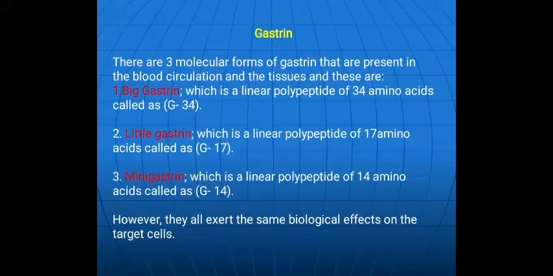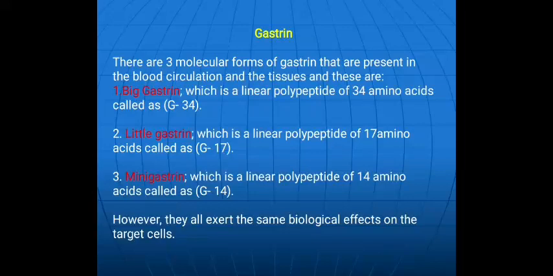هناك 3 أنواع من الجاسترين وهي موجودة في الدورة الدموية وتشمل ما يلي: big gastrin الكبير, which is a linear polypeptide of 34 amino acid called G34, اختصارا من الجاسترين 34.